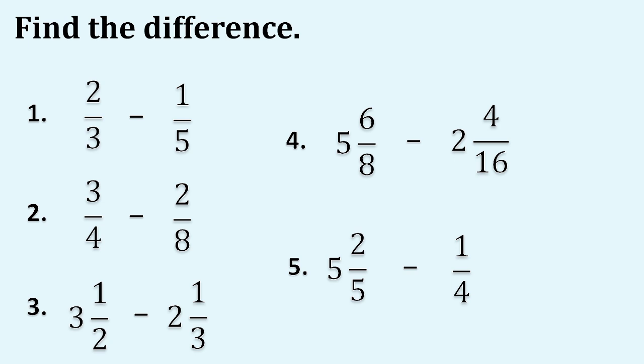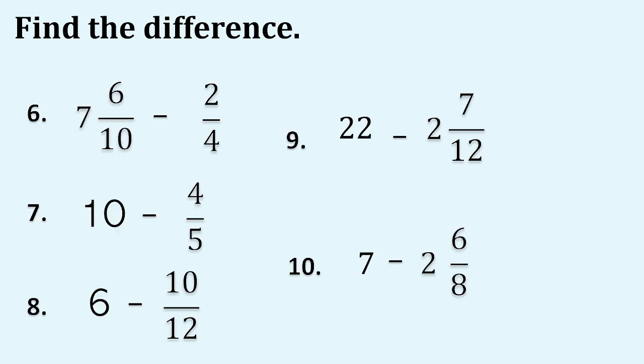Number 5, 5 and 2/5 minus 1/4. Number 6, 7 and 6/10 minus 2/4. Number 7, 10 minus 4/5. Number 8, 6 minus 10/12. Number 9, 22 minus 2 and 7/12. And number 10, 7 minus 2 and 6/8.